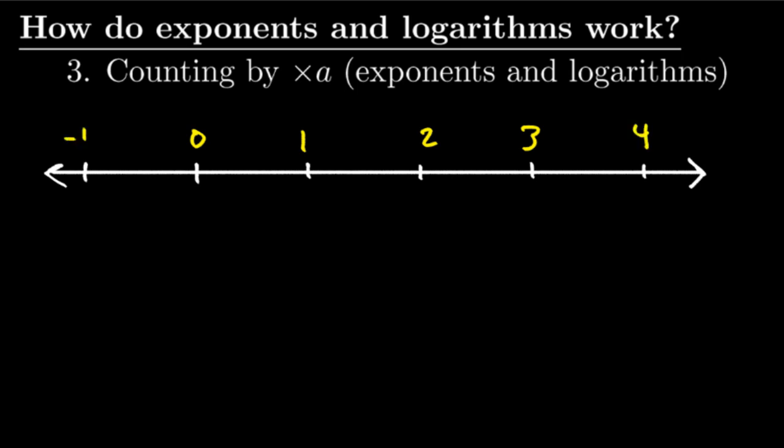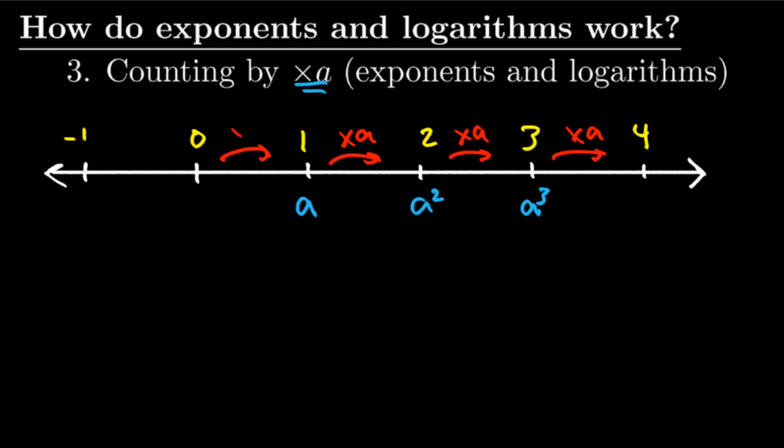So if we have a base, let's just call it A, then we're going to start with A once. And then if we multiply by A, what we end up getting is A squared. And if we multiply by A again, we get A cubed, and this same pattern goes on over and over forever, right?